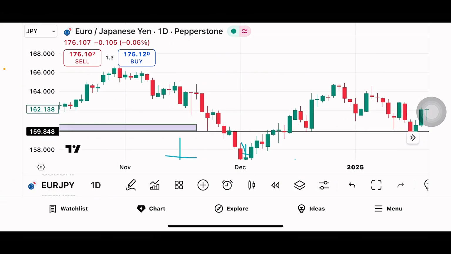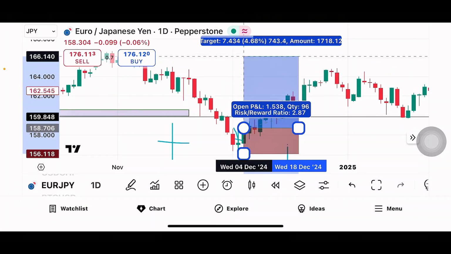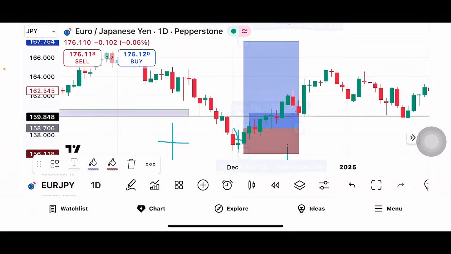Whenever the market is coming down, let's say it's selling, it gets to a point, and you see this doji candle, and the candle that follows it is now bullish. It simply means that the market is ready to start going up. You can simply take your position and raise your profit up.